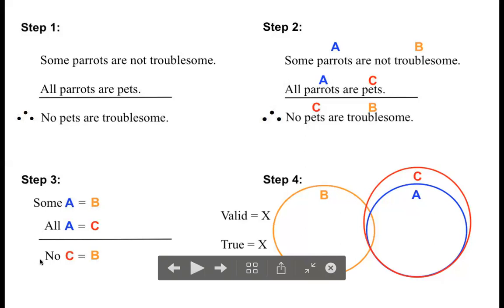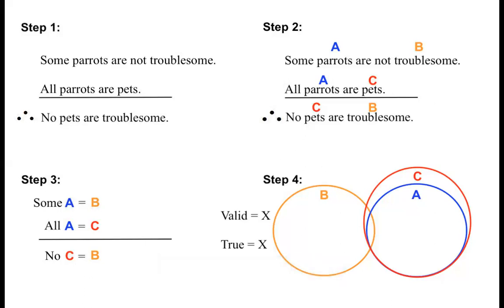But then the conclusion says no C touches, equals, or belongs to B. Well, is that true? Well, no, clearly not, because the red circle of C is going inside of the orange circle of B. And therefore, just on the face of it, we can see it's not valid.